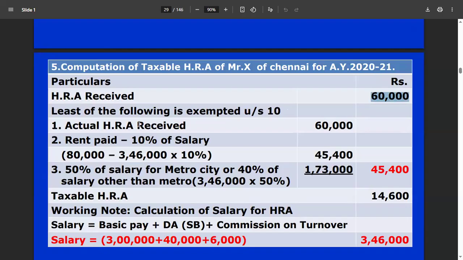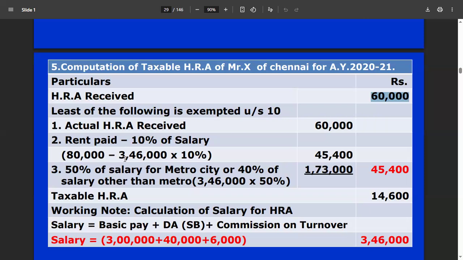So we have to find rent paid minus 10% of salary. His rent paid is 80,000 minus 10% of salary, that is 3 lakh basic salary and 46,000 his DA. So it is 34,600. When I deduct 34,600 from 80,000, the value I get is 45,400.